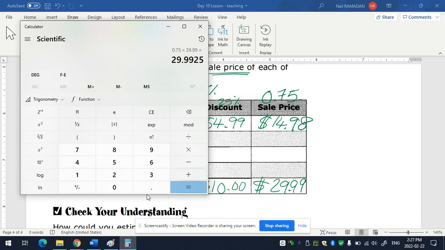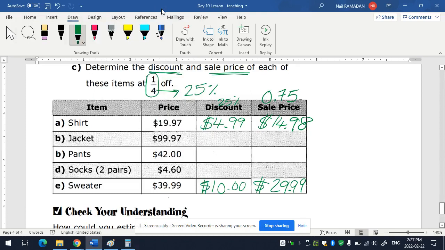Yes. About what? Sorry, everyone listen up. Go ahead. Are you talking about this one or this one? Or either? Okay. So let's redo this one. How much is the original price?